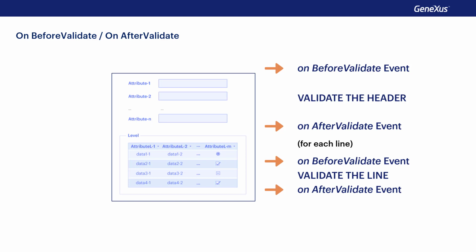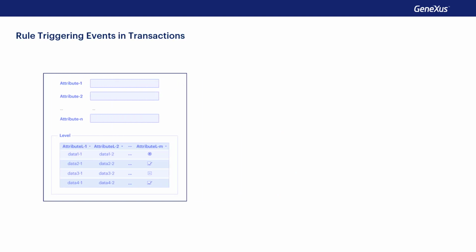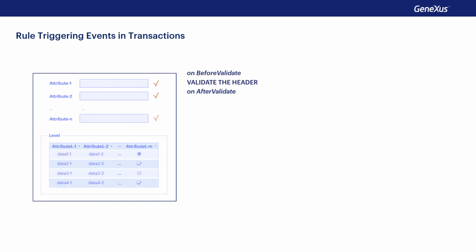All the rules that are conditioned to the event on BeforeValidate or on AfterValidate will be triggered at these precise moments. In what order? In the order in which they're written, unless there are dependencies between them, as we've already seen. Next, if the validation did not fail, and the recording corresponded to an insertion, the rules associated with the first level of the transaction that have BeforeInsert triggering event will be executed.